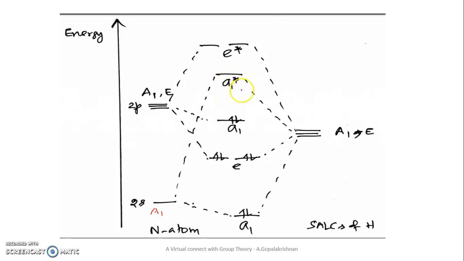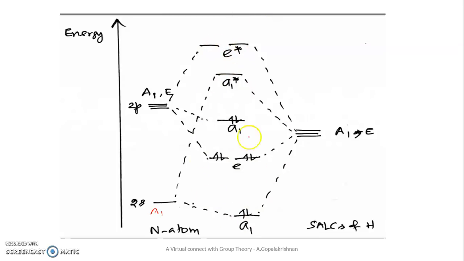This is anti-bonding and this is bonding. So this A1 does not have any matching symmetry, so it remains non-bonding. Then the two orbitals having E symmetry, similarly, the two group orbitals having E symmetry combine and form bonding and anti-bonding molecular orbitals. So this is the molecular orbital diagram for ammonia molecule.